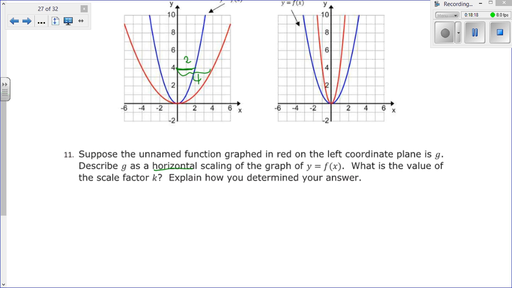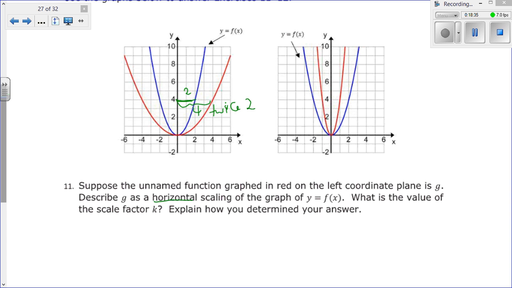And this is twice the 2, the 4 value. So if my blue graph is y equals f of x, that means that this is y equals f of 1/2 x. So the blue value is half of the red value. So the relationship there is just half of x.